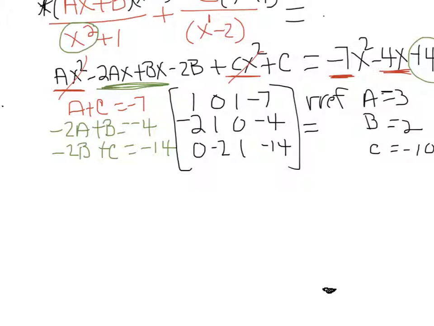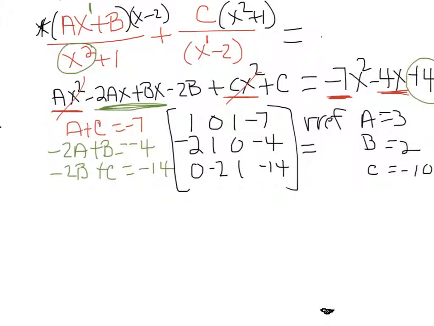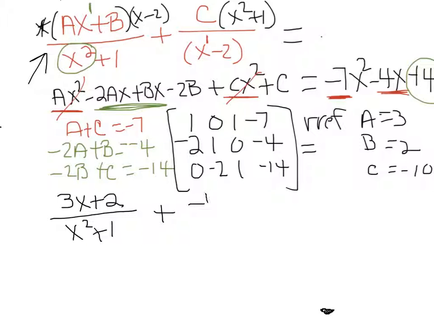Okay, so since A is equal to 3, let me move this down just a smidge. I am going to put it back into the original thing that I wrote, so that would become (3x plus 2, because B is equal to 2) all over x squared plus 1, plus C was a -10, so that's -10 all over x minus 2.